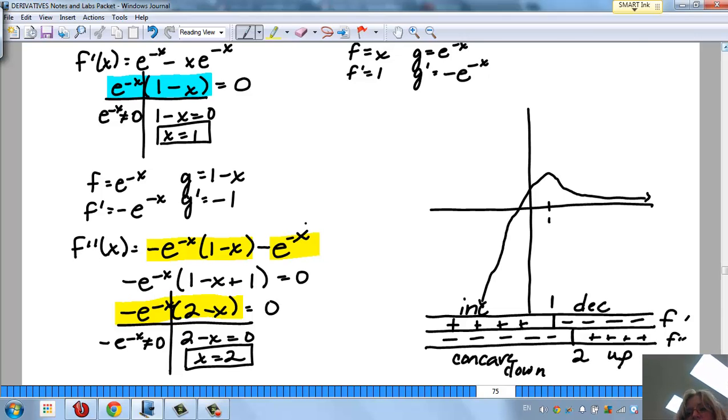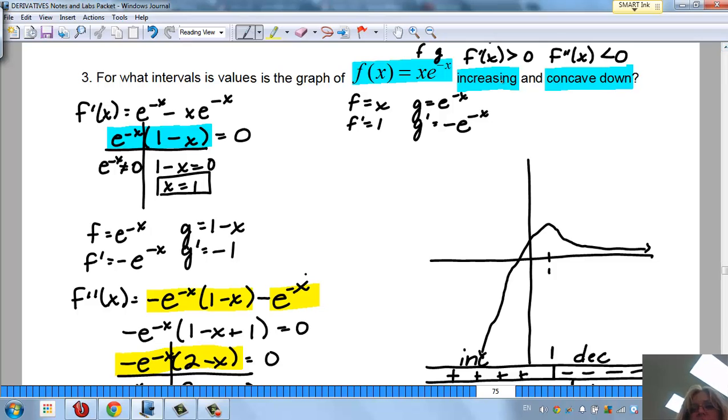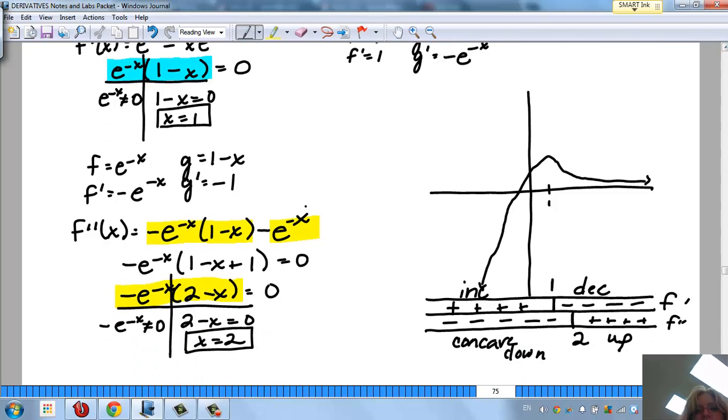So now we have to look, what did they want us to find? Increasing and concave down. So the increasing would be, we'll use blue, the increasing would be right here, and then it says concave down, so that would be here to here.